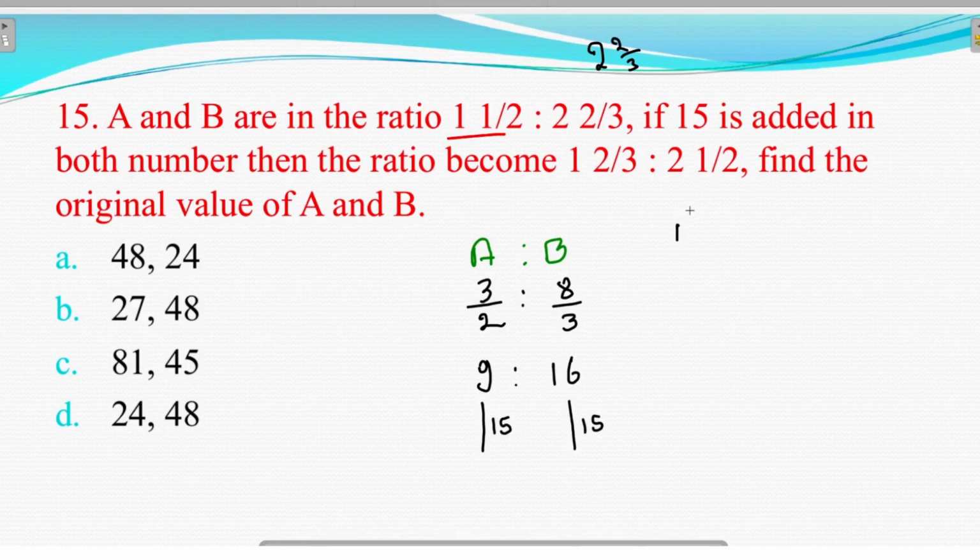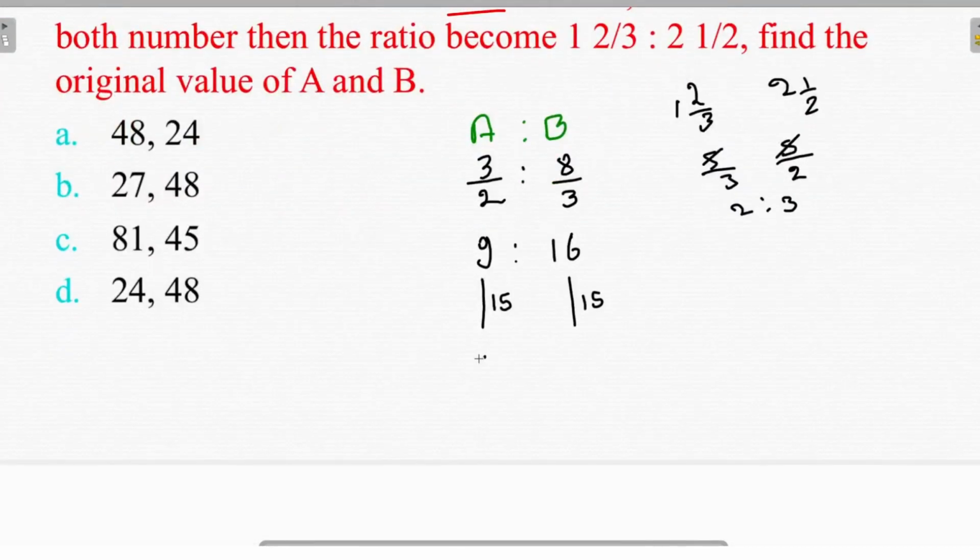Then the ratio becomes 1 2 by 3 and 2 1 by 2. That will be 5 by 3, that will be 5 by 2. Then 5 gets cancelled, ratio will be 2 is to 3. According to the ratio property, if we change both sides by the same number, the difference should be constant.